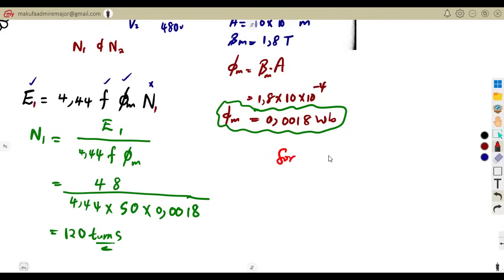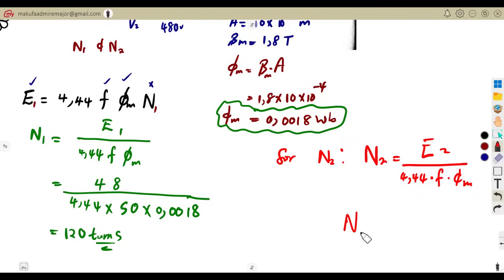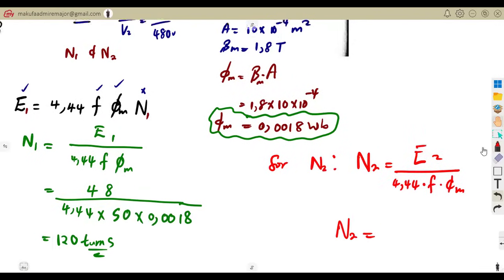So for N2, we are going to use N2 is equal to E2 over 4.44 times the frequency times the maximum flux. So we're going to obtain the number of turns on the secondary side, E2 being the voltage that we have on the secondary side.